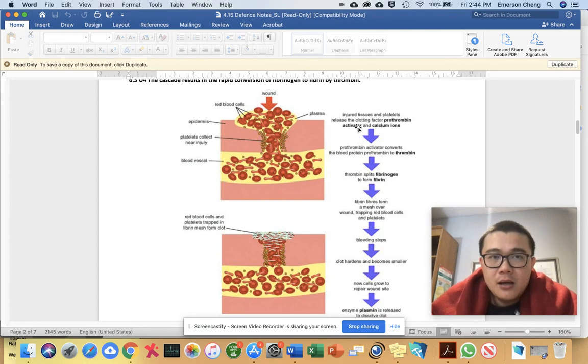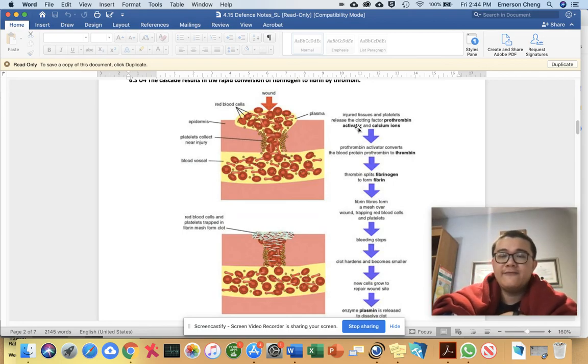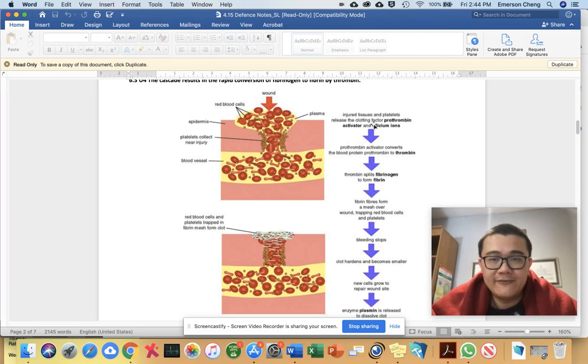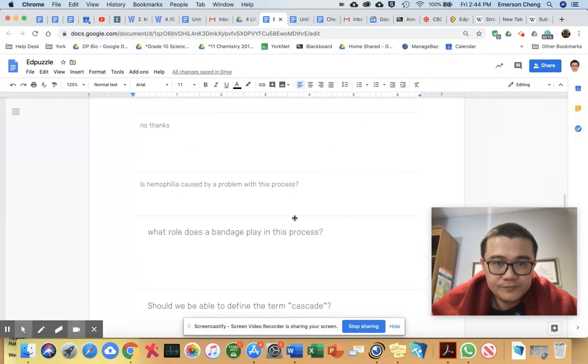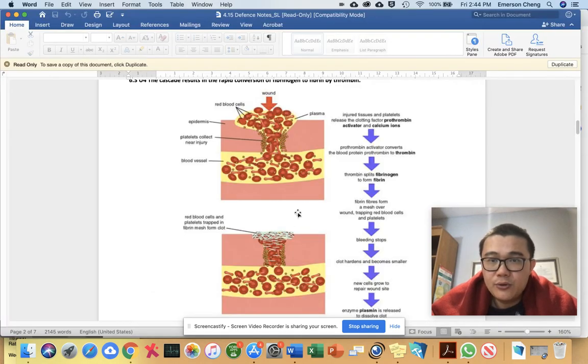So I believe you'll probably learn it more next year when you learn about genetics, clotting factor and hemophilia. But this is where it happens. The clotting factor is not working, or you don't have clotting factor. So usually, those people who have hemophilia need to go to a hospital where they will inject clotting factor so that it will allow blood to clot.